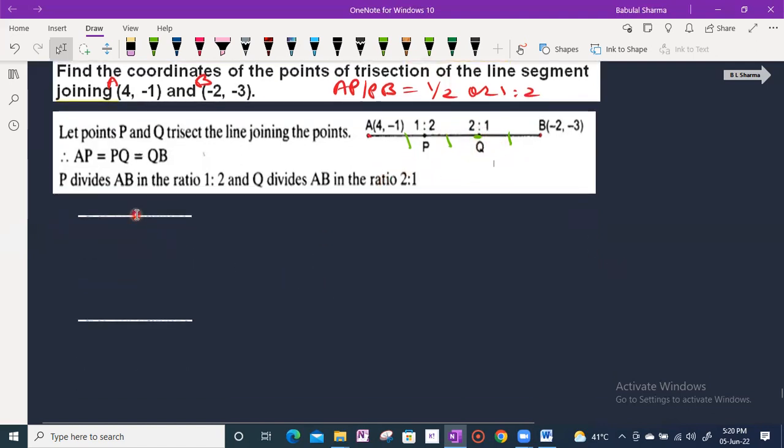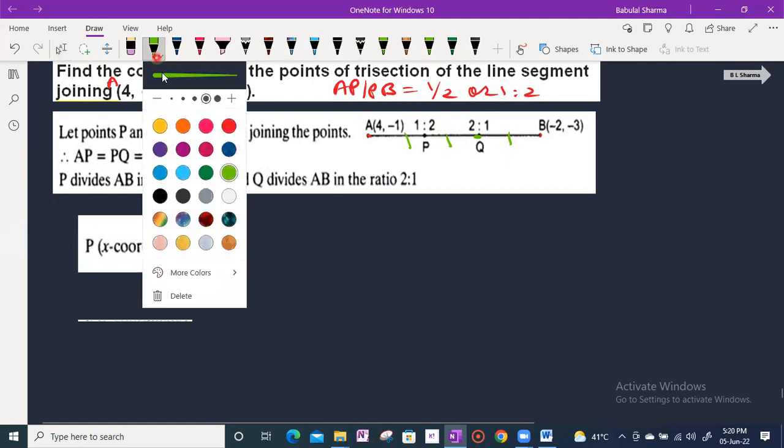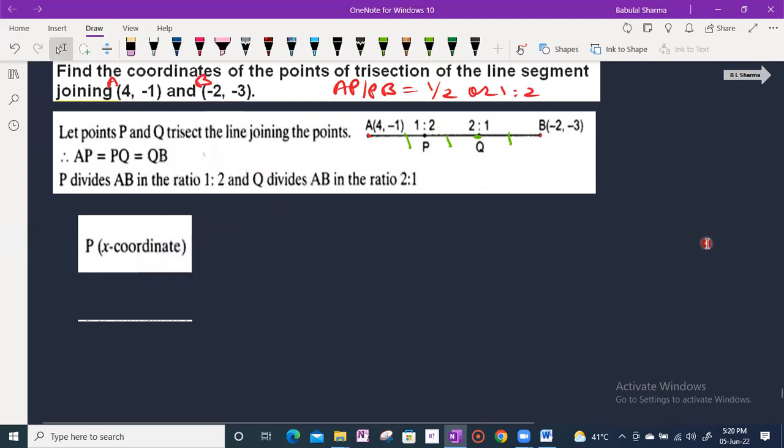So for the x coordinate of point P using the section formula, we know the section formula is (mx2 + nx1) upon (m + n). हम बात करें P कोऑर्डिनेट्स की, और P डिवाइड करता है 1:2 रेशियो में, तो m की वैल्यू अगर 1 है तो n होगा 2.